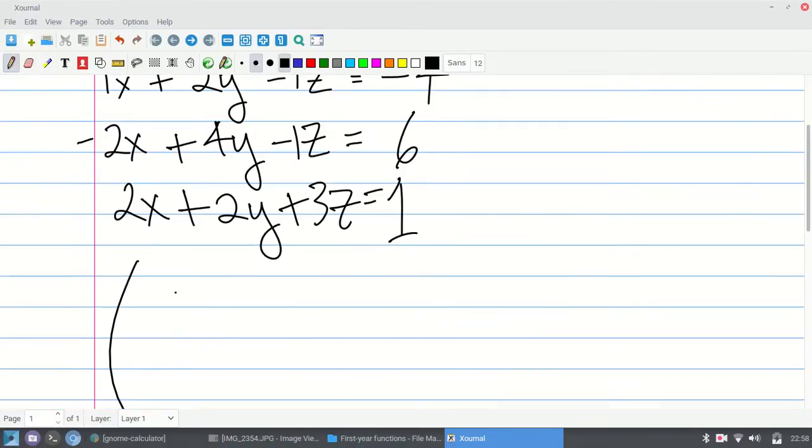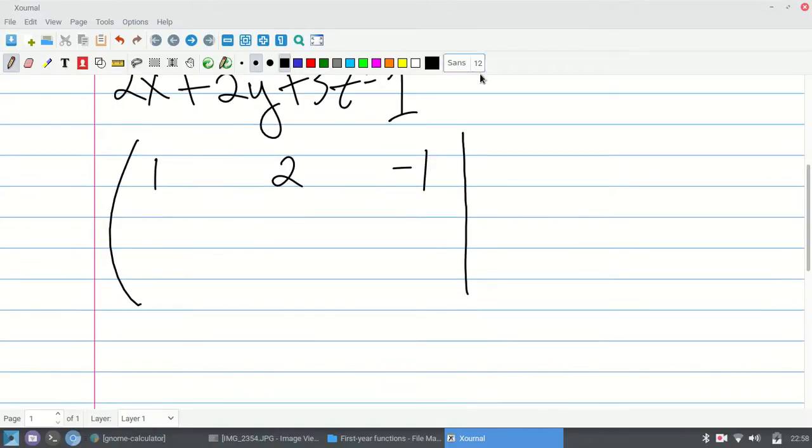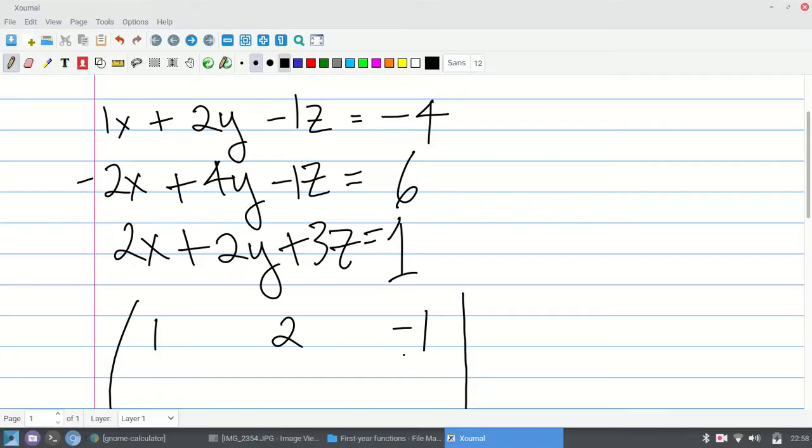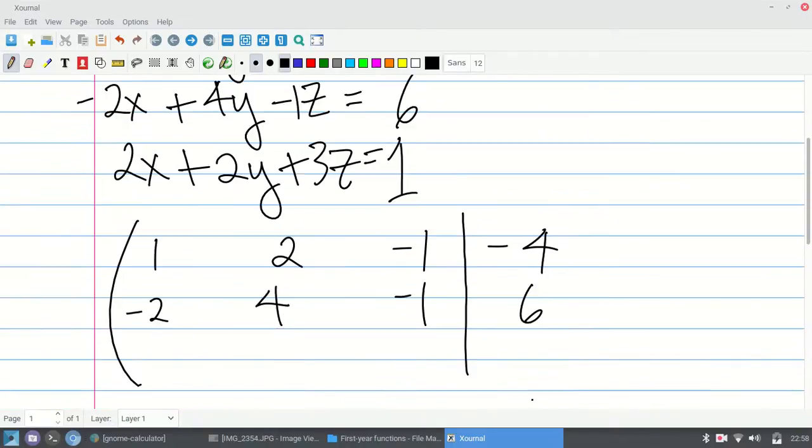So it's going to be 1, 2, negative 1. And then to represent the equal signs, I'm going to draw a big line, and that is going to be negative 4 on the right. We've got negative 2, 4, negative 1, 6. Here I'm going to have 2, 2, 3, 1.